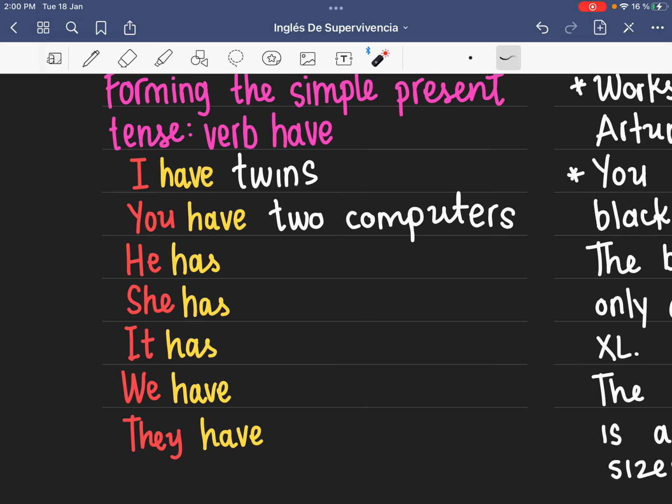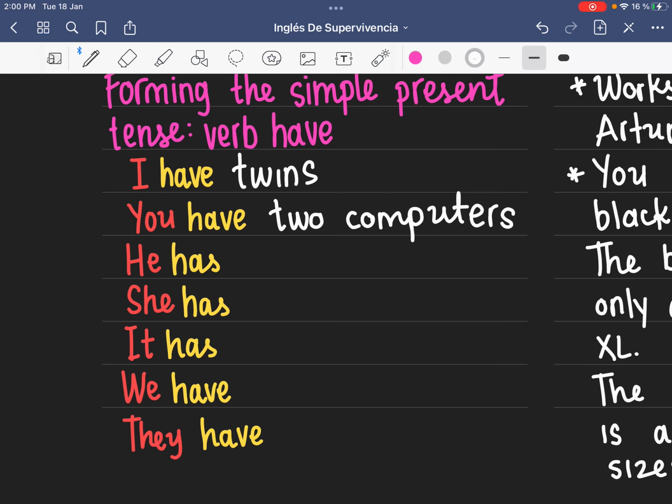For third person singular, he, she, it, we can see that the verb is different. We don't use have, we use has. Para tercera persona singular podemos ver que el verbo se conjuga diferente. No utilizamos have, es decir, sería incorrecto decir he have, that means it would be incorrect to say he have. Digo he has or she has or it has. Okay?